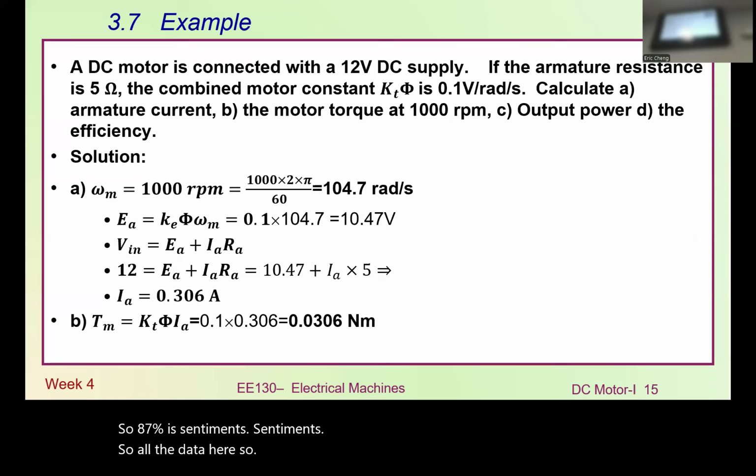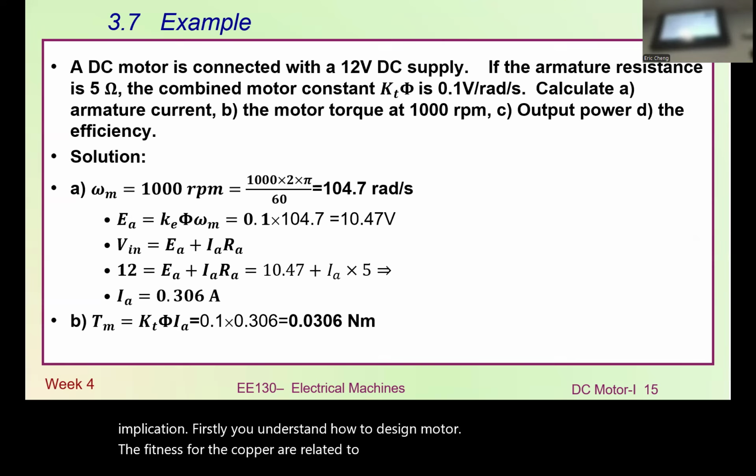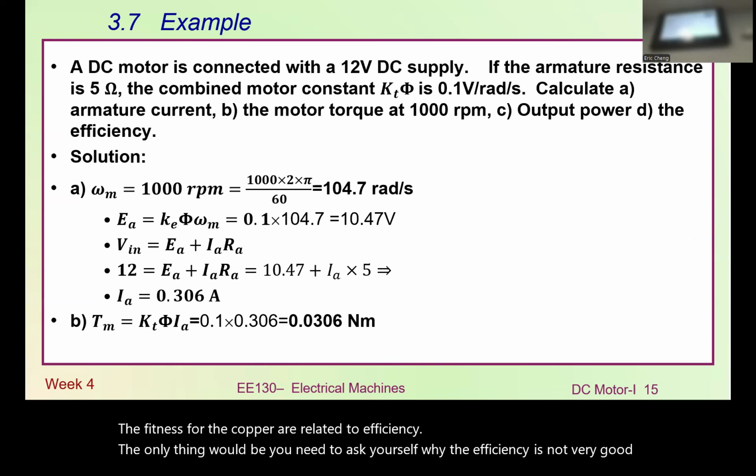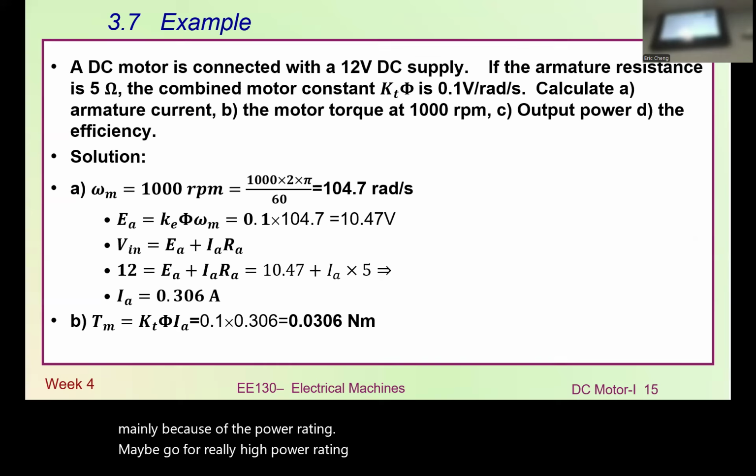We always ask you a lot of questions in the tutorial. Just like a simple tutorial, there are a lot of implications. Firstly, you understand how to design a motor: the thickness of the copper is related to efficiency. Another thing is you need to ask yourself why the efficiency is not very good, mainly because of the power rating. When you go for a really high power rating, the efficiency usually will be much better.